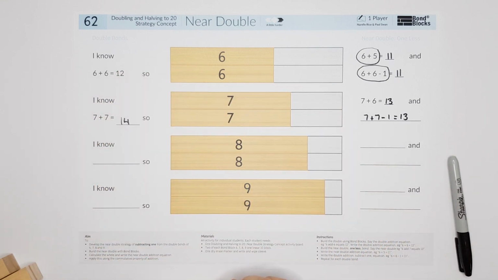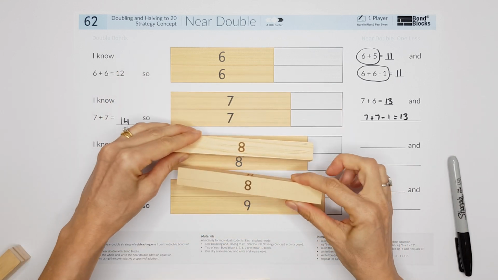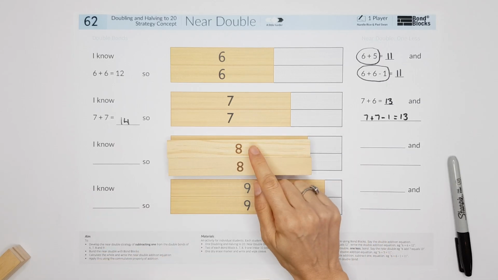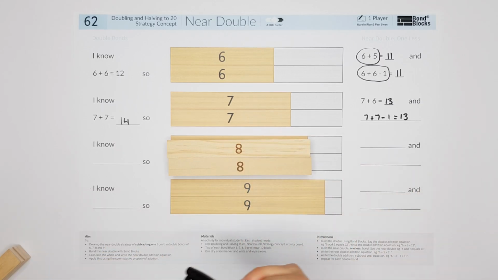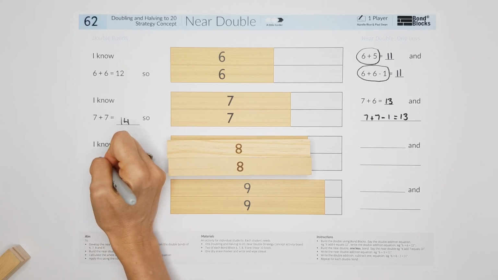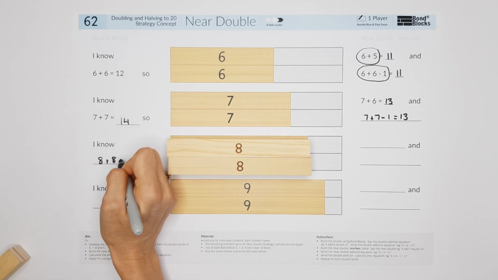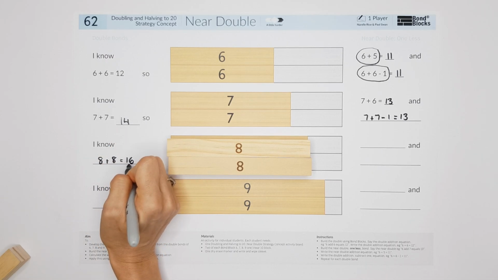Moving on to the next double. I know 8 add 8 equals 16.